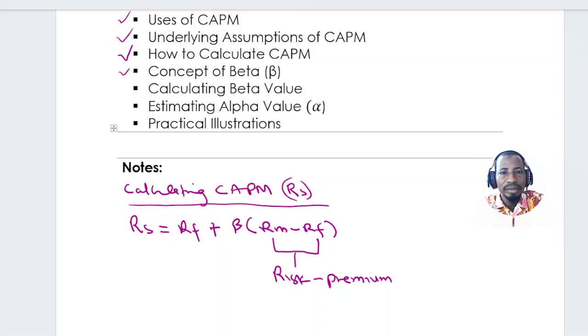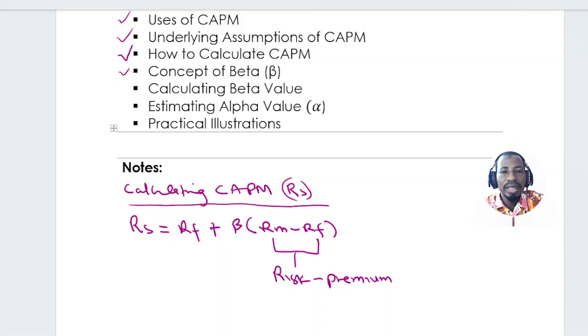Negative beta shows that the return of an asset is in the opposite direction of that of the market. I repeat, negative beta shows that the return of an asset follows the opposite direction of that of the market. The third one is zero beta.